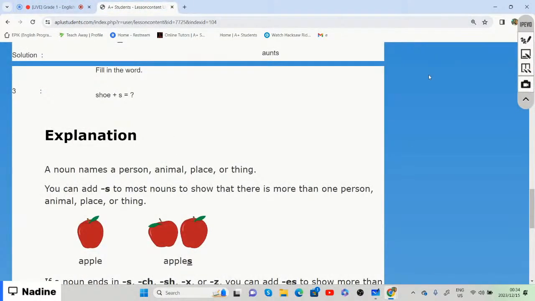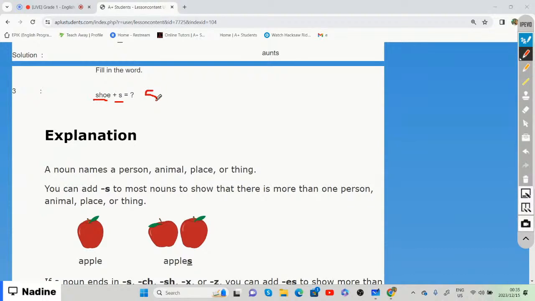Shoe plus S is shoes. Right? So we added an S to show the plural form. So it's shoes. So one shoe, more than one shoes.